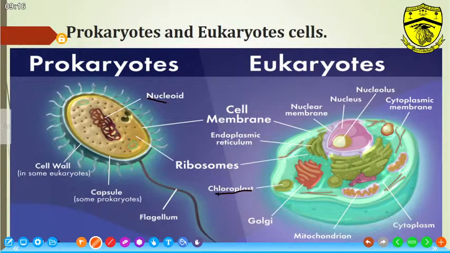The cell wall is also present, along with the cell membrane, endoplasmic reticulum, ribosome, Golgi apparatus, mitochondria, cytoplasm, cytoplasmic membrane, nucleolus, nucleus, and nuclear membrane. The nucleolus and nuclear membrane make up the nucleus. So, these are the organelles present in eukaryotes.